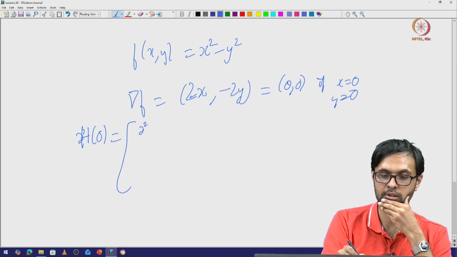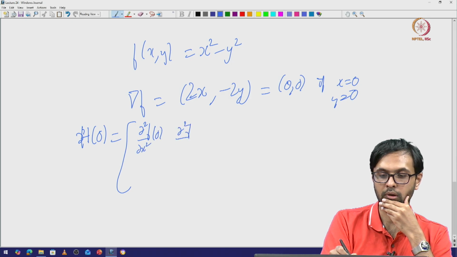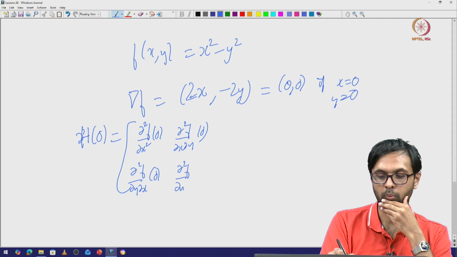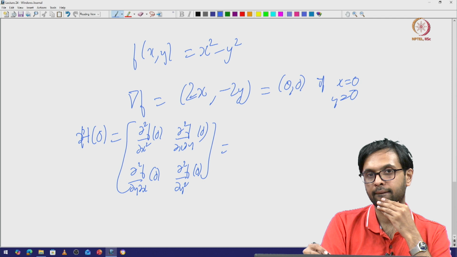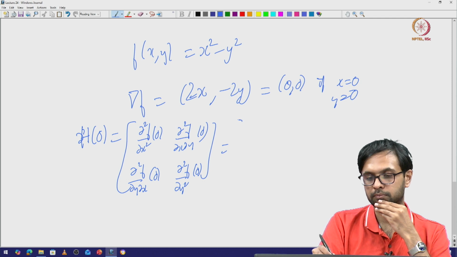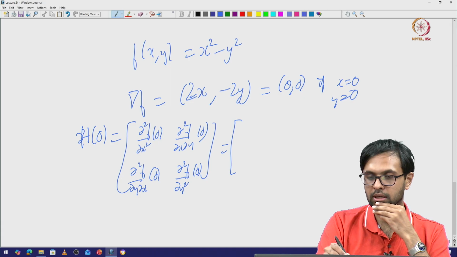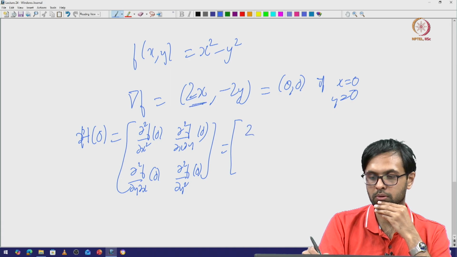This is d square f dx square at 0, d square f dx dy at 0, d square f dy dx at 0, and d square f dy square at 0. So this is simply the second derivative, which is 2, minus 2, 0 and 0.